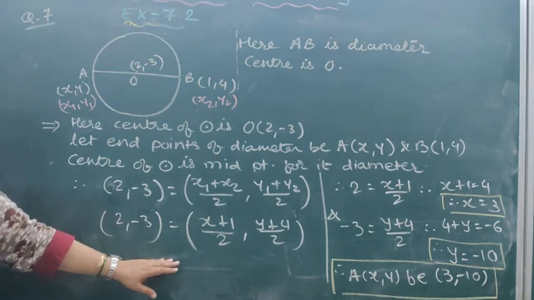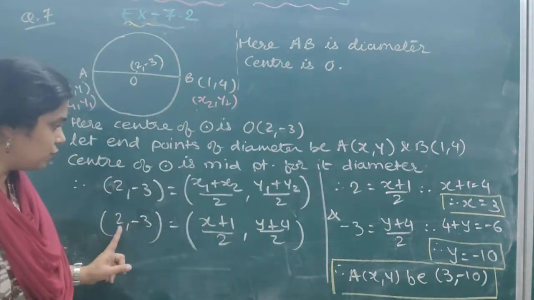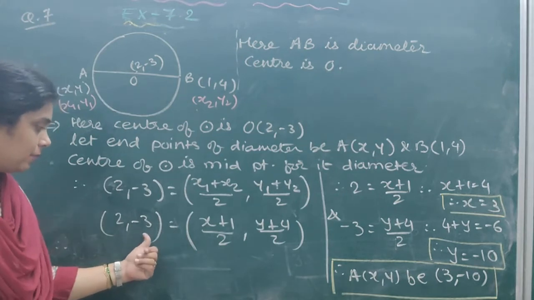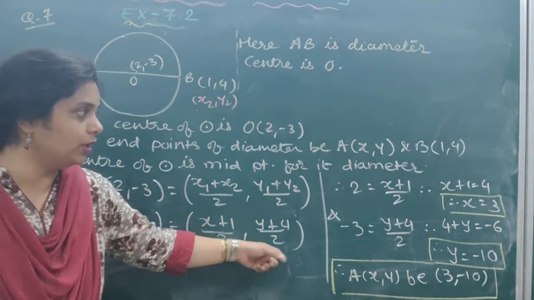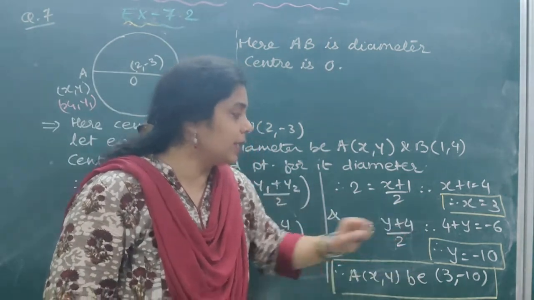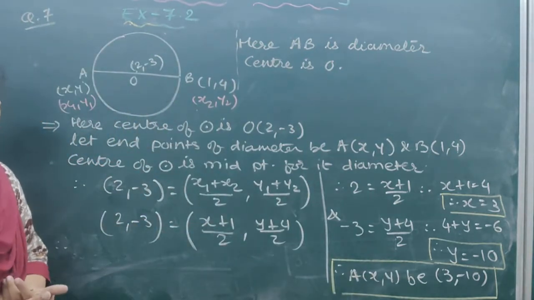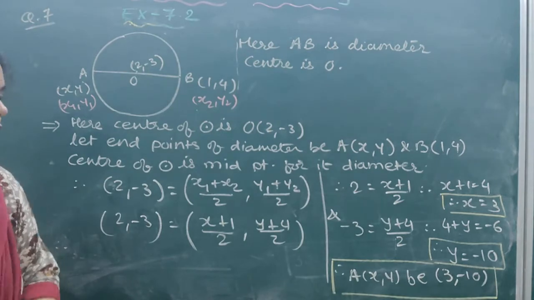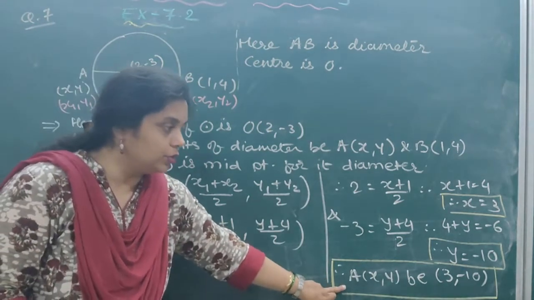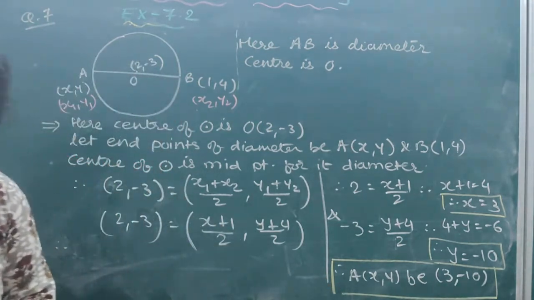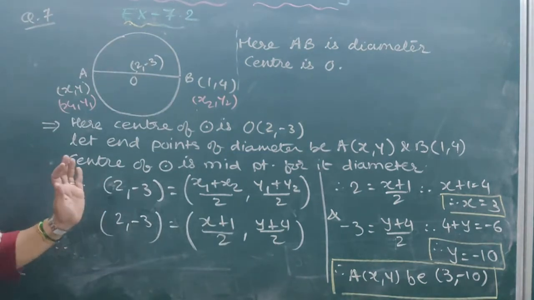After simplification, 2 is equal to the x coordinate expression, and -3 is equal to the y coordinate expression. I got x equal to 3 and y equal to -10. So we got the answer that A (x, y) is (3, -10). Like that you can solve the sum.